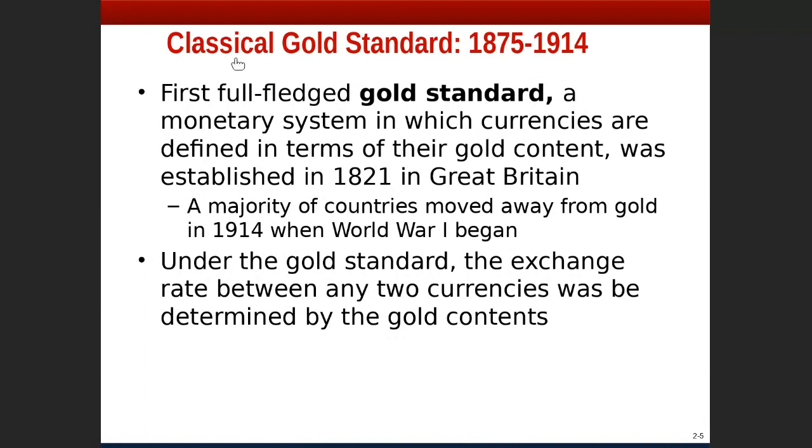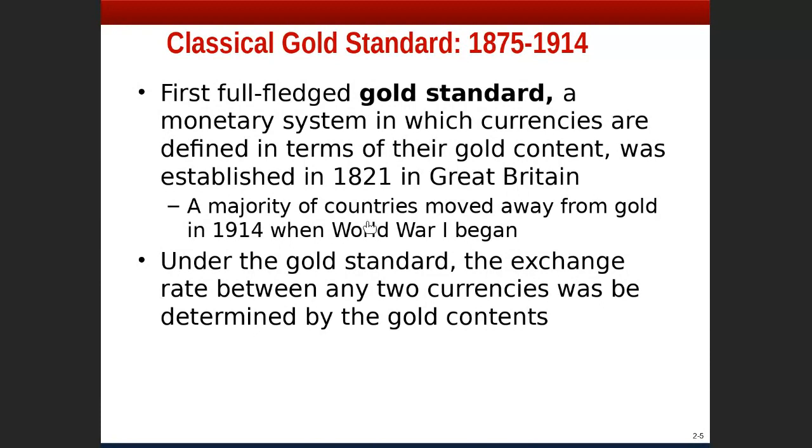Now let's turn our attention to the classical gold standard, which was in place from 1875 until 1914. Okay. First, full-fledged gold standard, a monetary system in which currencies are defined in terms of their gold content. That's very important. It was established in 1821 in Great Britain.